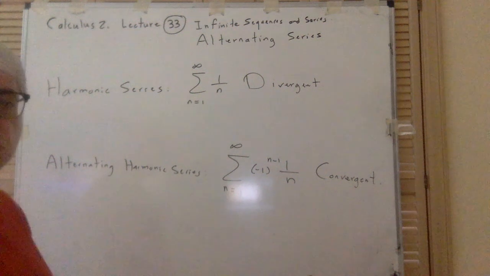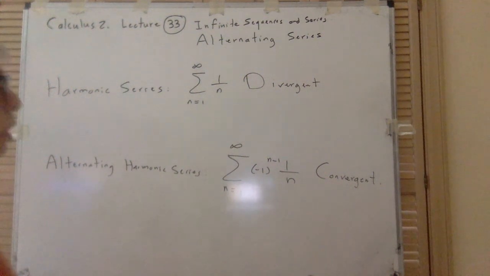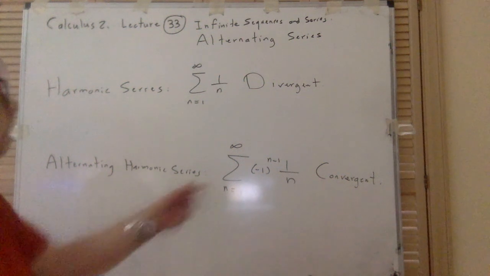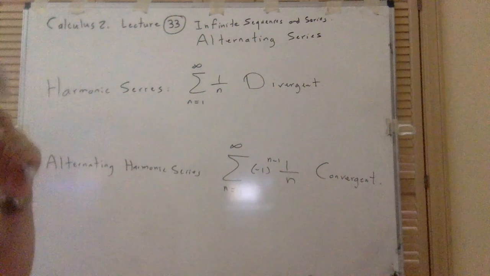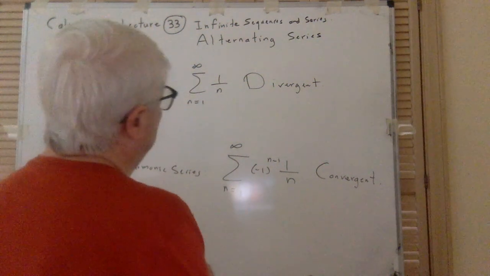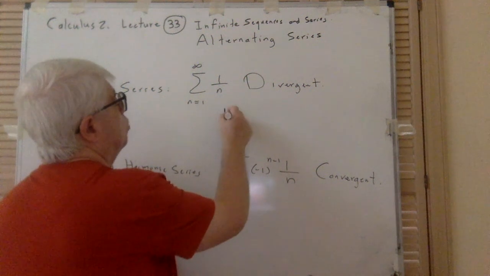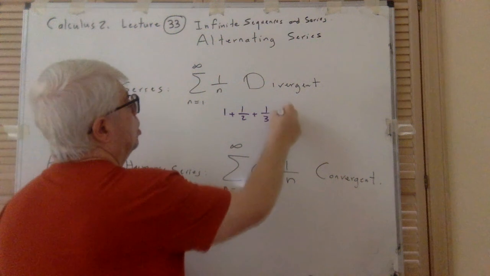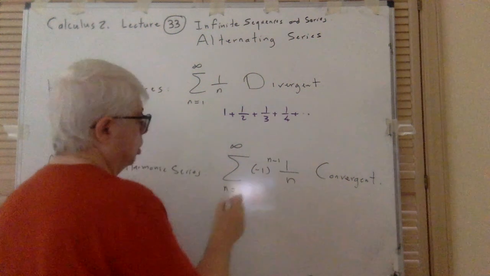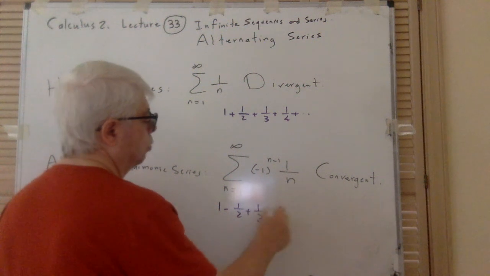Again, we are back to the harmonic series, 1 over n, and we see by the theorem that this one is convergent. Now let's use intuition. This is 1 plus 1/2 plus 1/3 plus 1/4, while this is 1 minus 1/2 plus 1/3 minus 1/4.